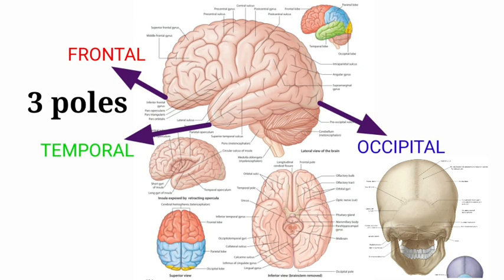The occipital pole lies at the posterior end of the hemisphere. It is more pointed than the frontal pole. It lies at a short distance superolateral to the external occipital protuberance.